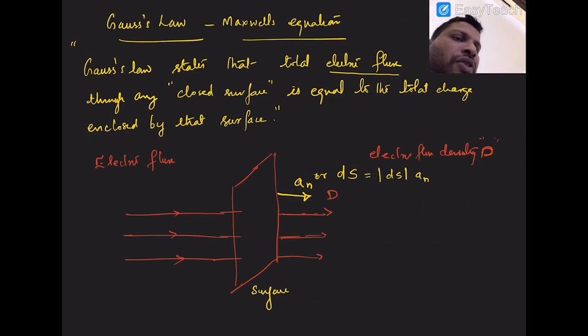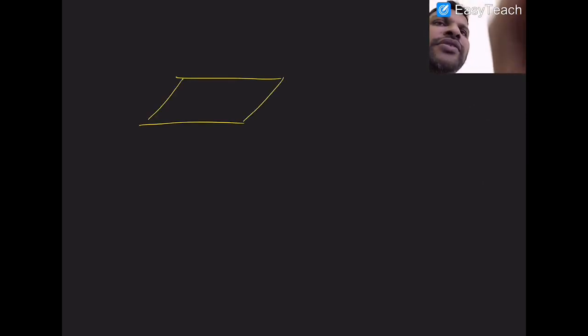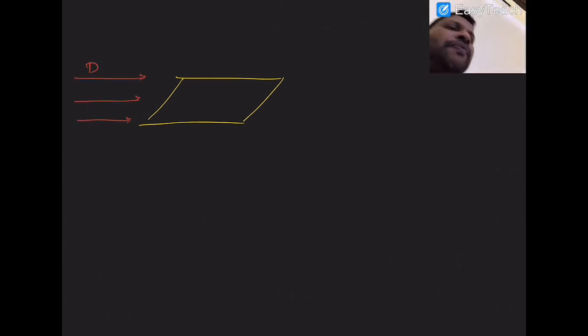So this is the surface. Now let us consider another case. I keep a surface like this, and the electric field, or electric flux density D, is coming through this. Now the normal to the surface, I can define like this.